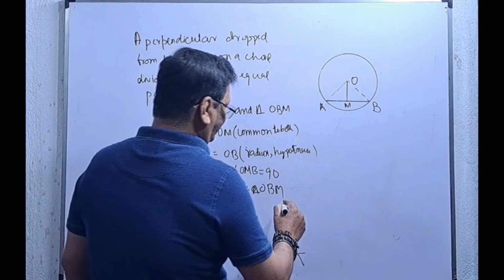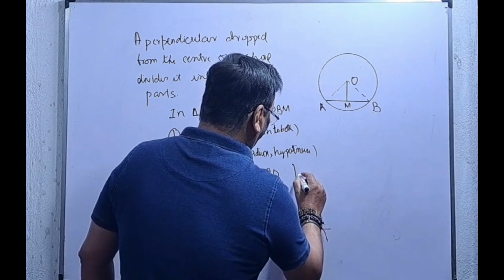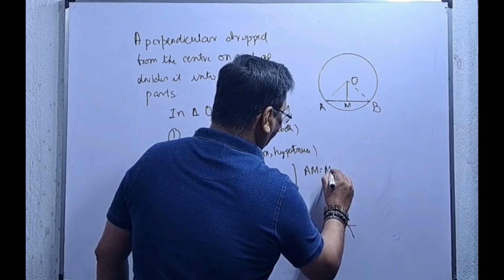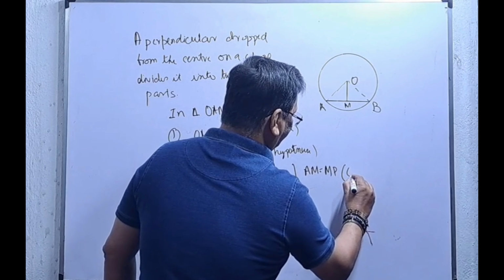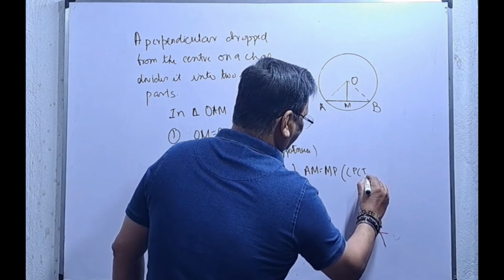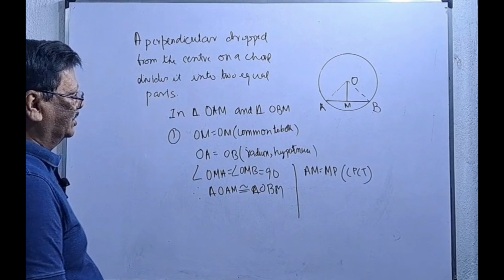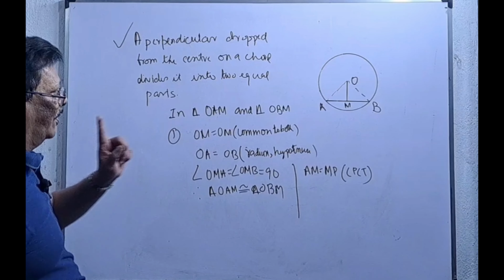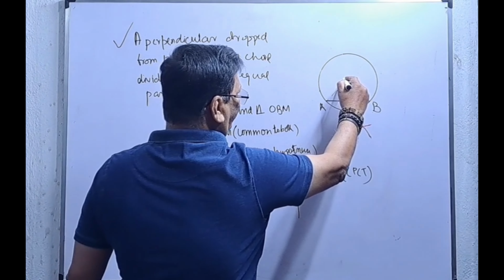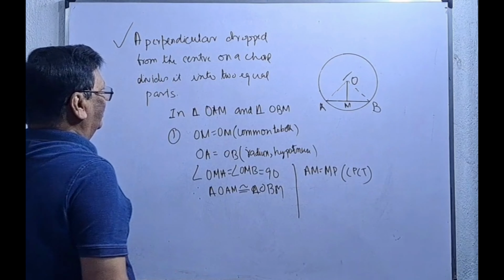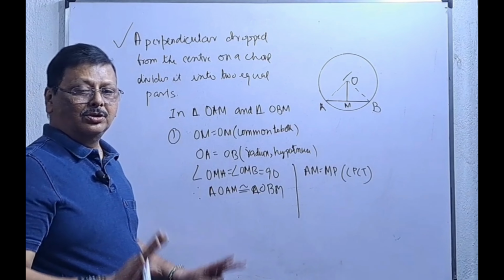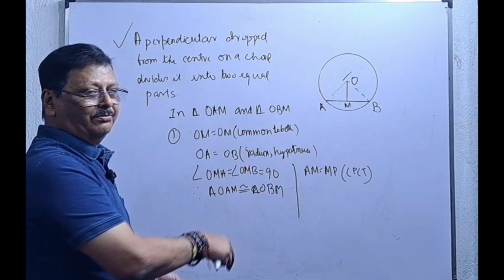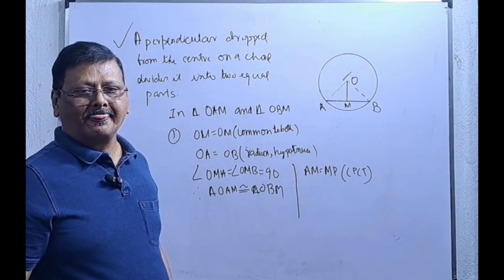So in that case, we can write AM is equal to MB, by CPCT. So that proves that a perpendicular dropped from the center on the chord divides it into two equal parts. That is the theorem we used in the previous one.